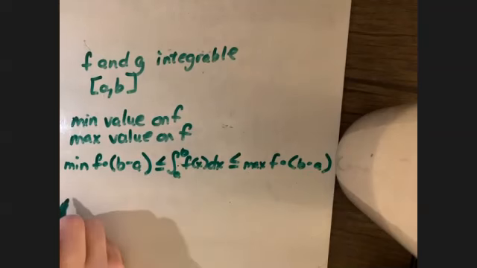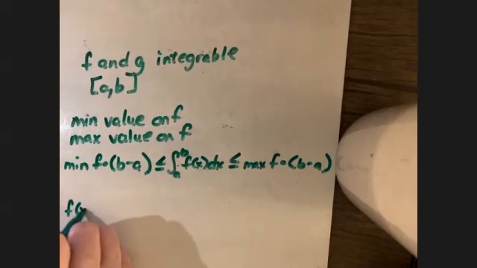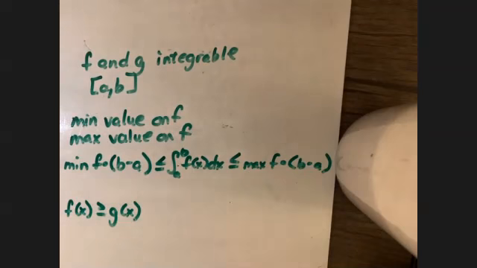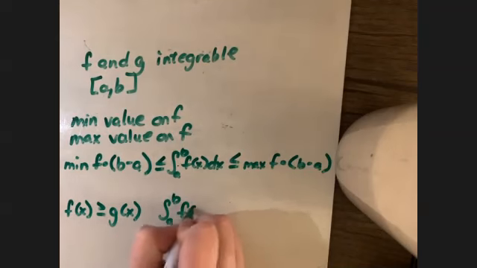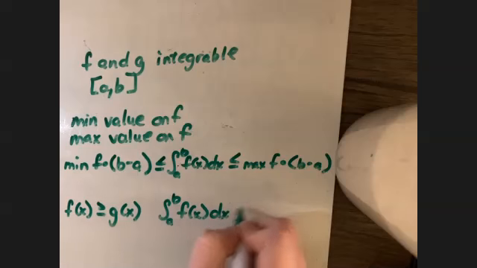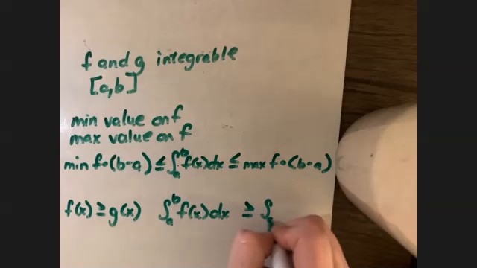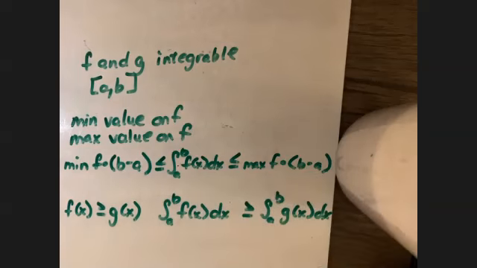Now the other thing is if f of x is always greater than or equal to g of x, so it's always higher, then the integral from a to b of f of x will always be greater than or equal to the integral from a to b of g of x.